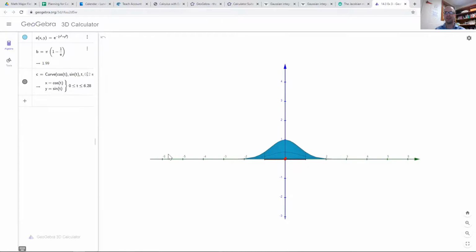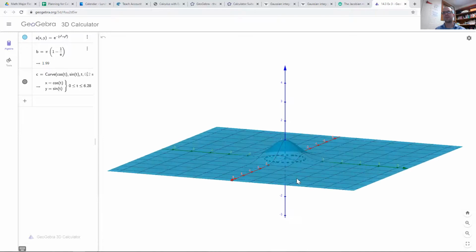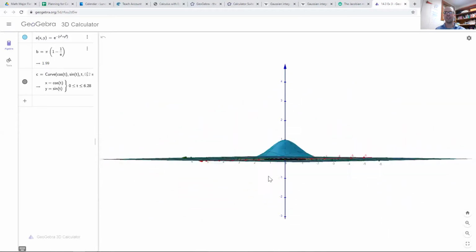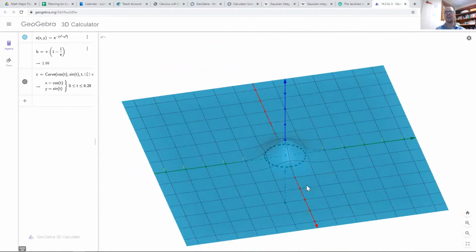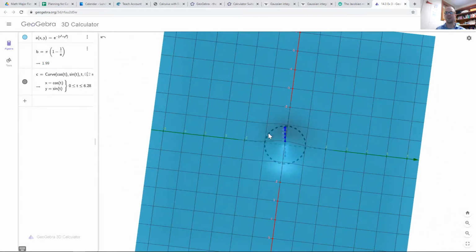Does this shape look familiar to anyone when we just look down? We're looking straight down the x-axis right now. Looks like a bell curve, which is the normal distribution, right? If we look at it in 3D, this is what we have. And the integral that we would be taking would be over this region that's described in a circle.